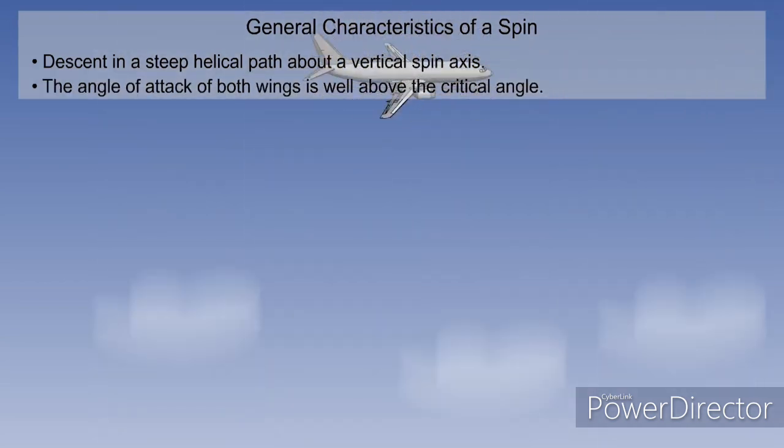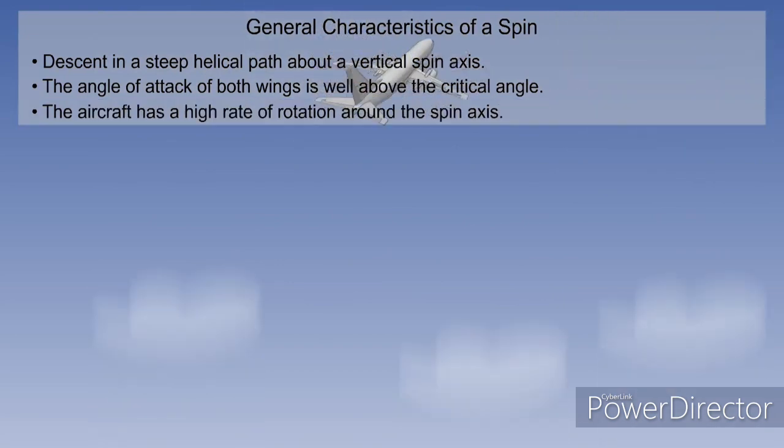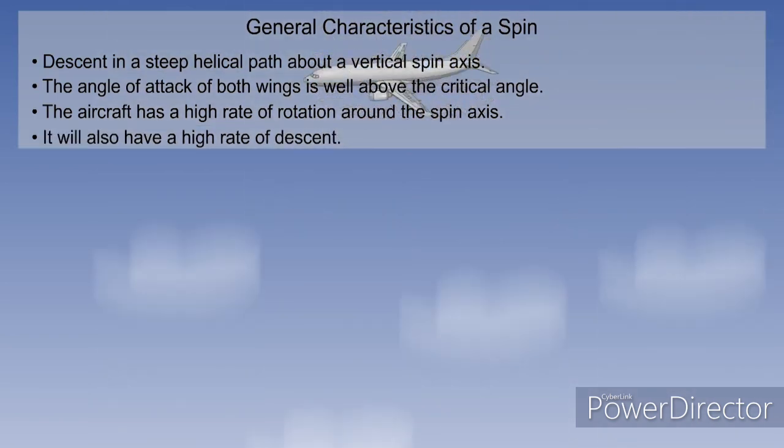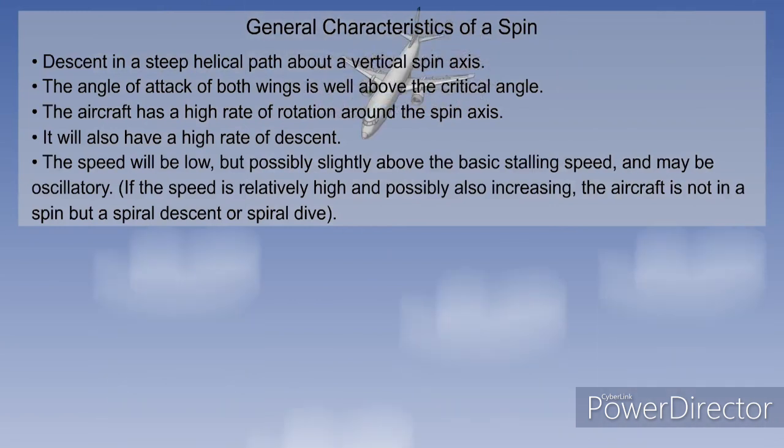The angle of attack of both wings is well above the critical angle. The aircraft has a high rate of rotation around the spin axis. It will also have a high rate of descent. The speed will be low, but possibly slightly above the basic stalling speed, and may be oscillatory.